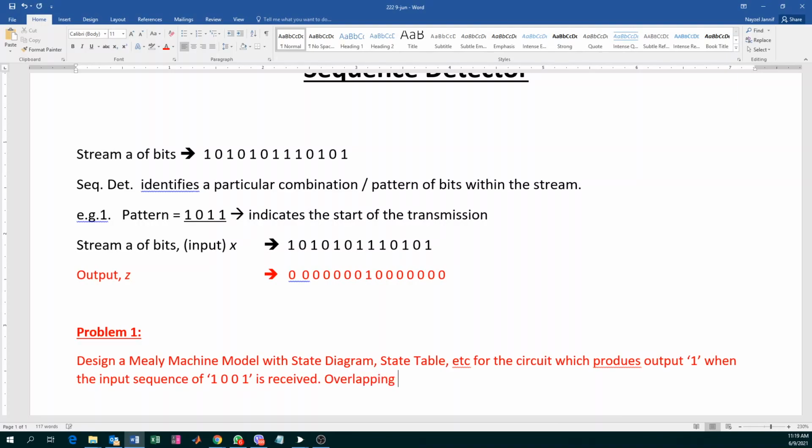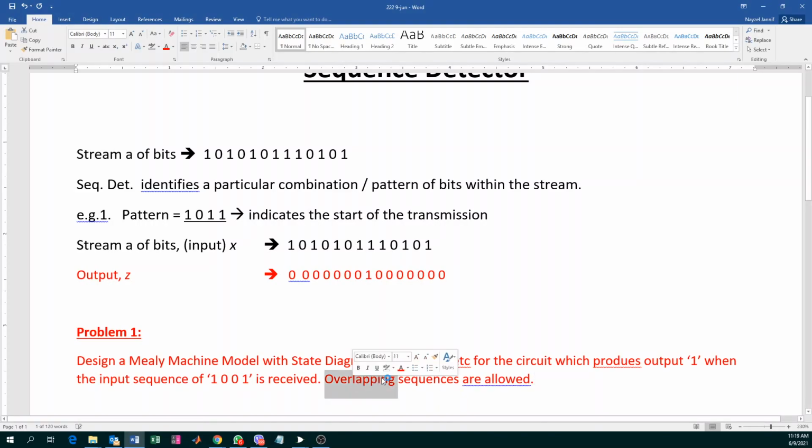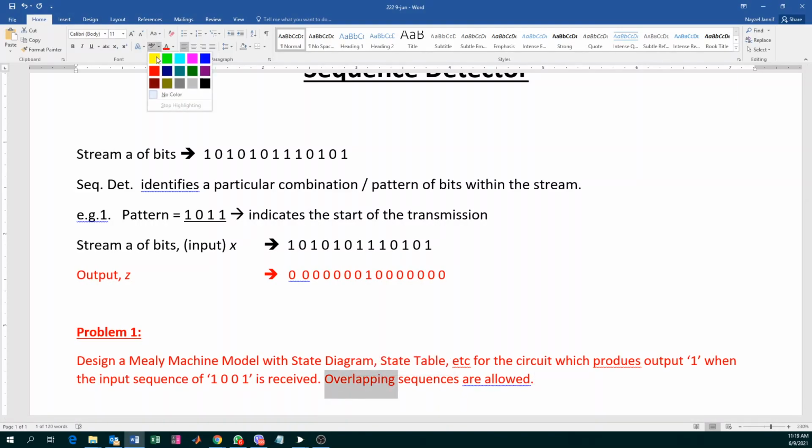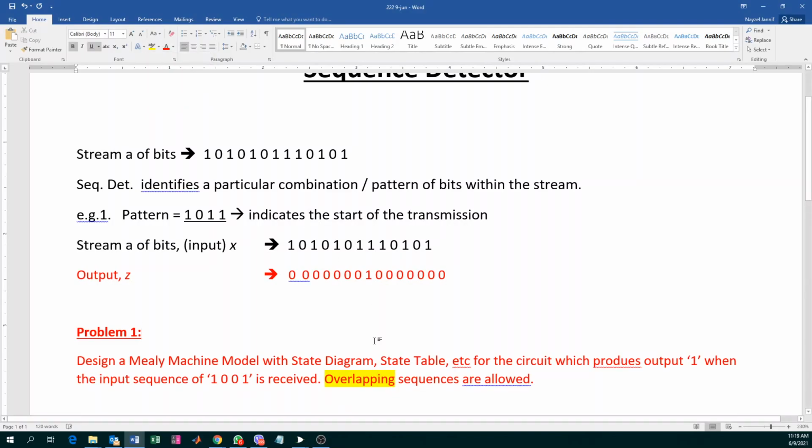Overlapping sequences are allowed. What do we mean by this word overlapping? Well, let's come and look at example 1.